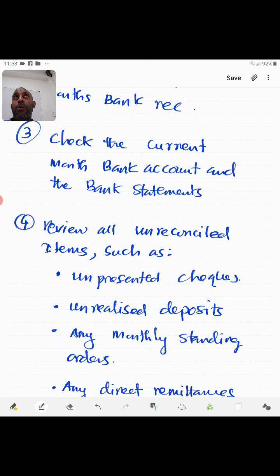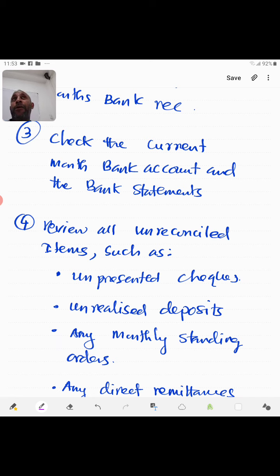Let us think about the issues relating to our business. We have issued a check to a supplier, and such check has not been presented to the bank. So we have issued and recorded that, but it has not gone to the bank. So that is one thing.